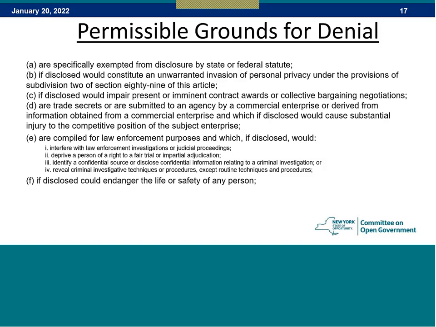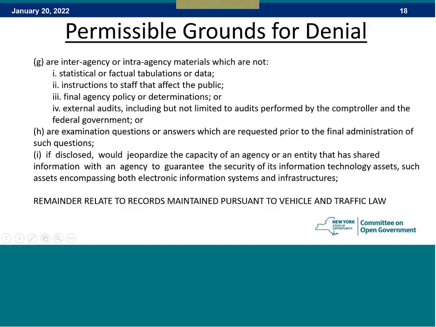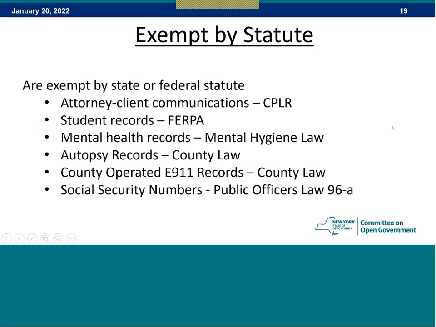So on this page, you see sections A through F. On the next page, I have G, H, and I, and the remainder of those permissible statutory grounds for denial relate to vehicle and traffic law. So we'll go over some of the permissible grounds for denial that come up frequently and sort of go over the basics of when they can be applied.